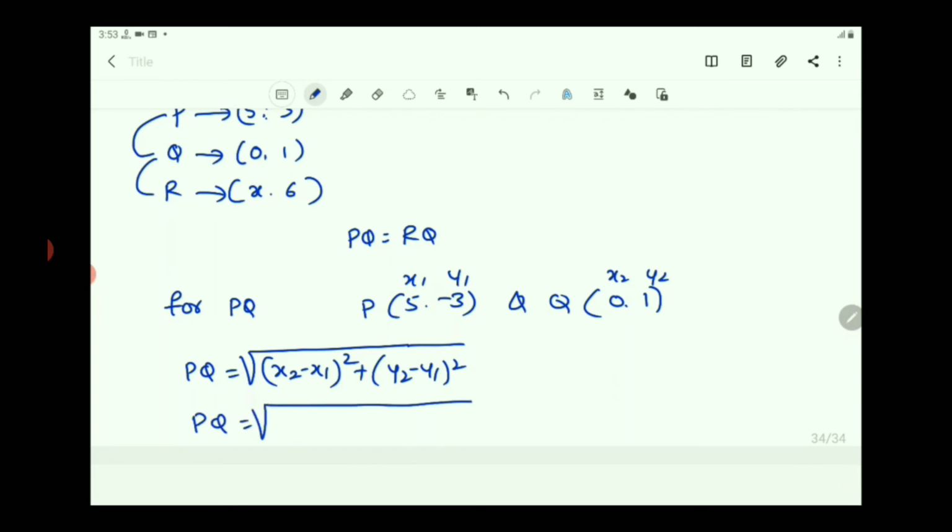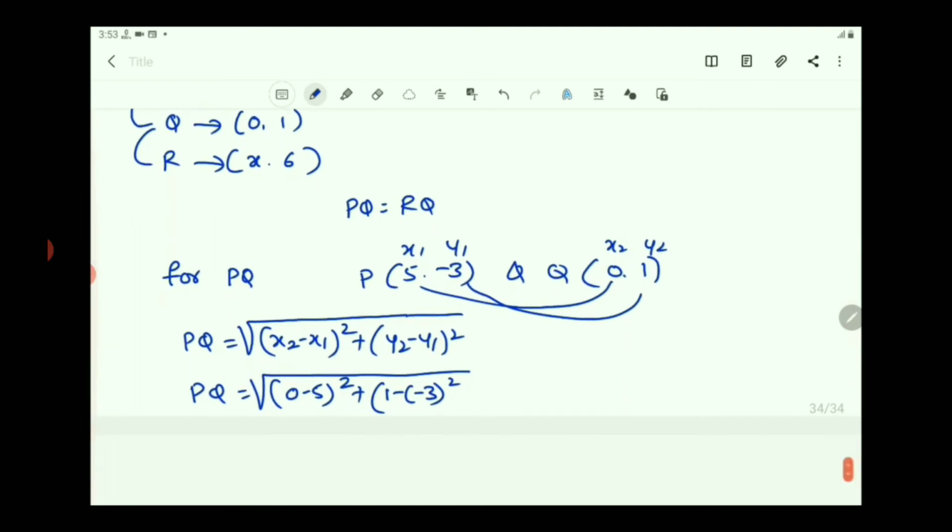Square root of (0 minus 5) whole square plus (1 minus minus 3) whole square. That equals, what you got?